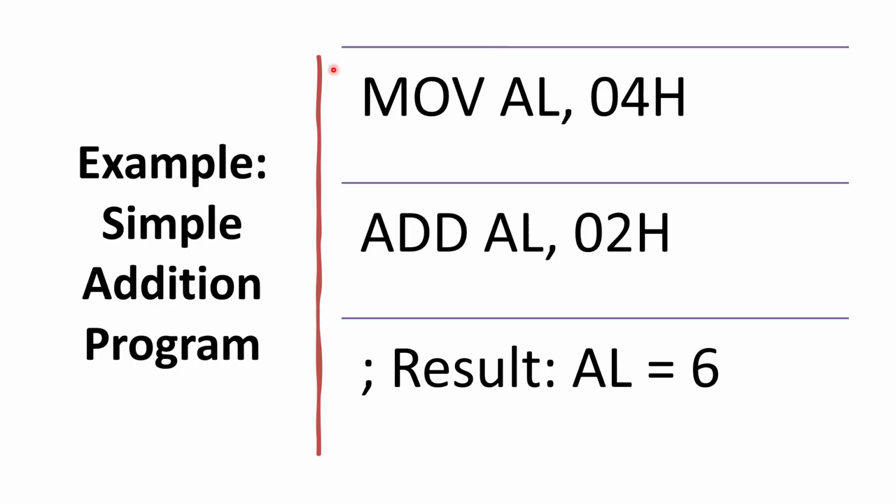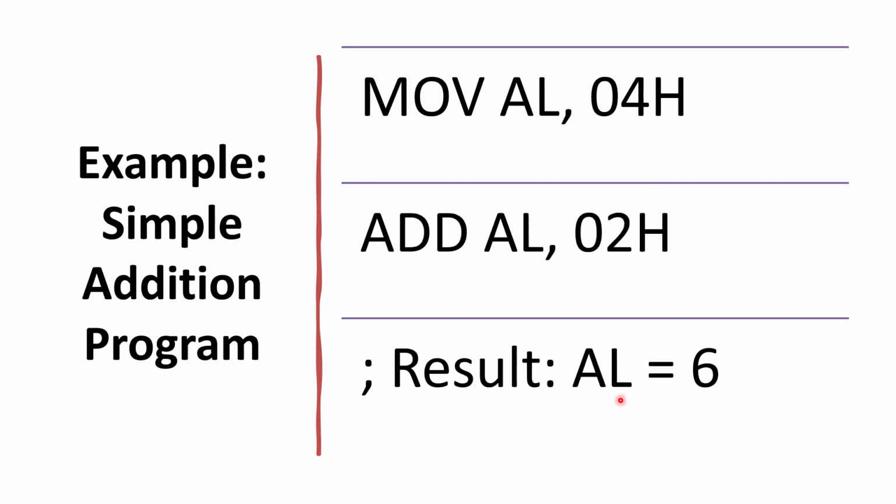This is a simple example of an addition program in assembly language. The instruction MOV AL, 04H loads the hexadecimal value 4 into the AL register. Then ADD AL, 02H adds the value 2 to it. After this instruction is executed, the value in the AL register becomes 6.